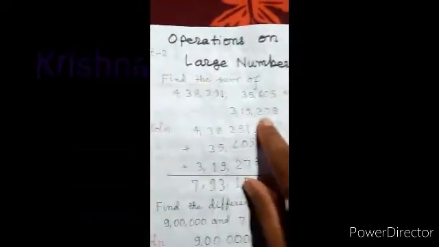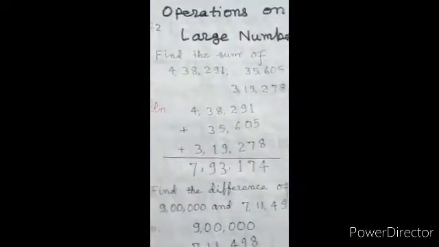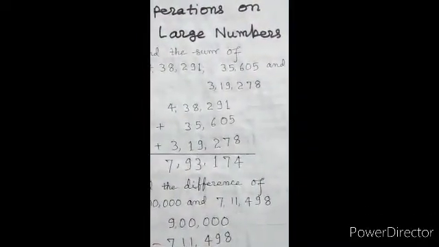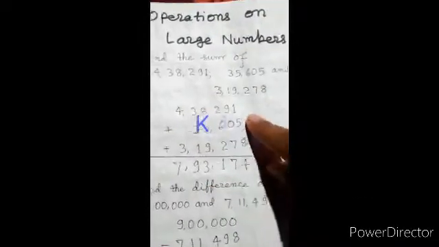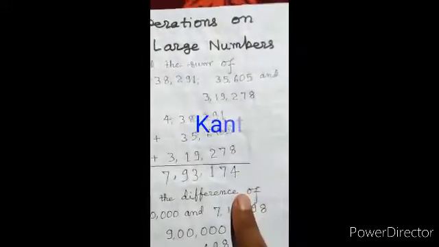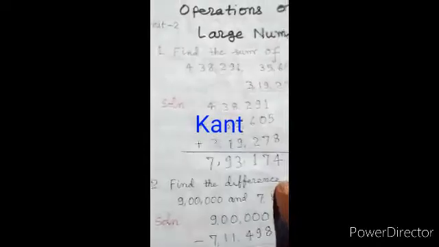We have to add all these three numbers. So, firstly we write them in vertical columns like this, and from the rightmost digits we will start addition.